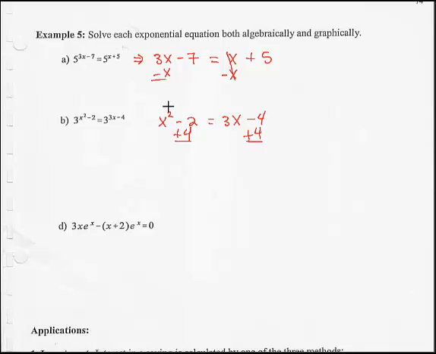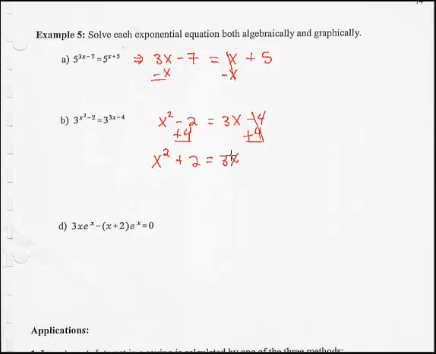This one has a squared x, and so it's quadratic. We need to shift everything over to the one side. If I add the 4 to both sides, then I would now have an x squared plus 2 equal 3x.